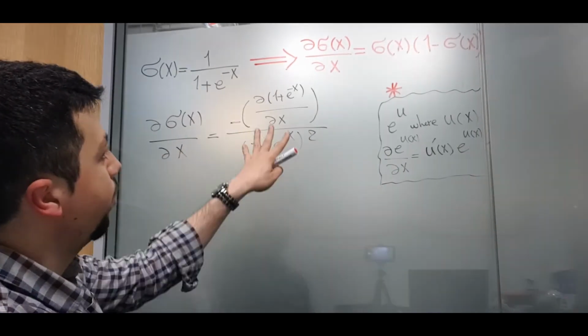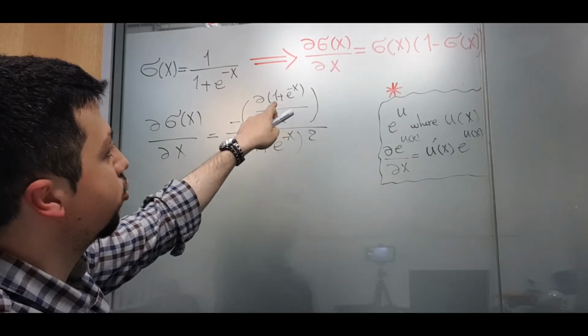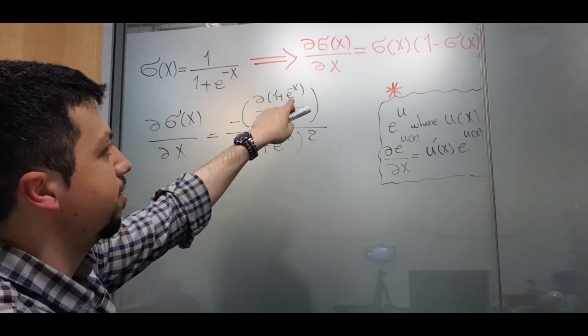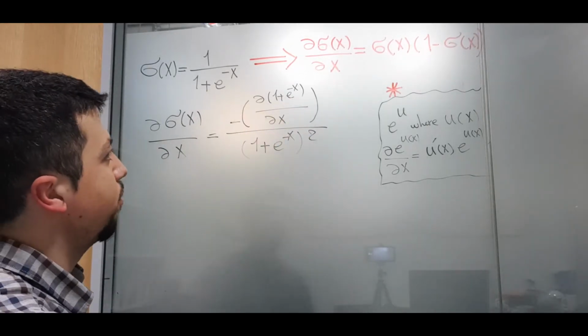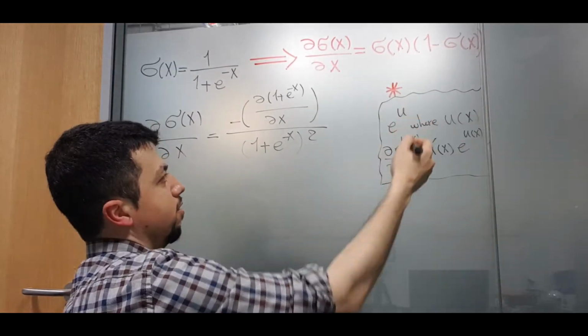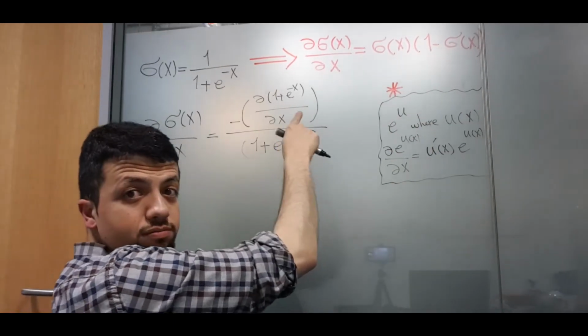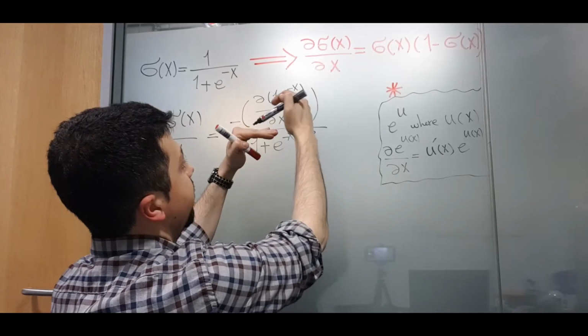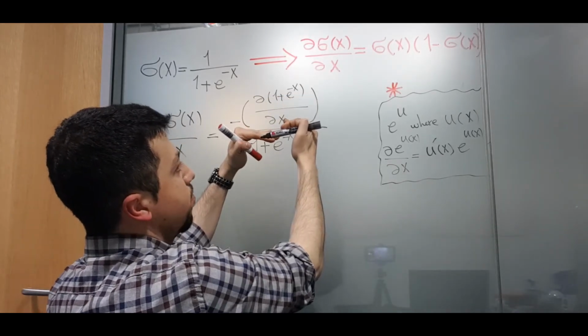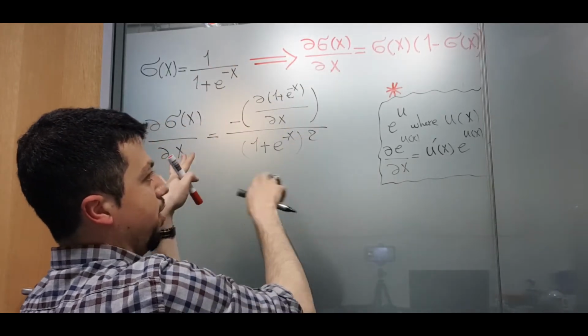Right? Now, how are we going to do this? The partial derivative of 1 plus e to the power minus x with respect to x. That's very simple, isn't it? Remember, this is not a division. This is just the partial derivative of this expression with respect to x, and then the entire thing will be divided by this.